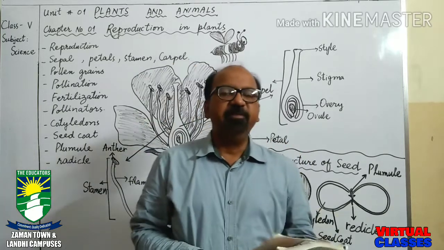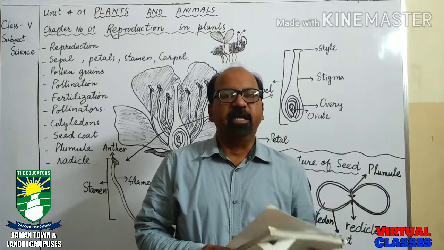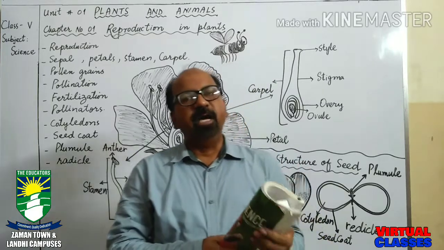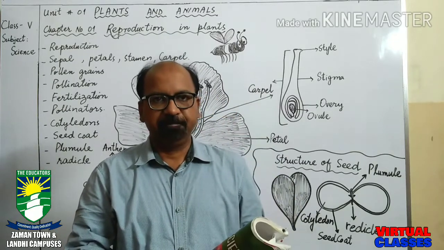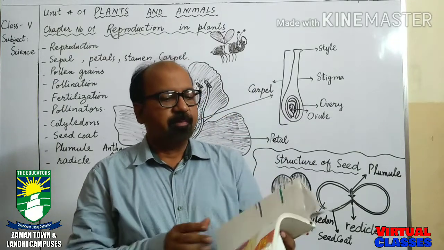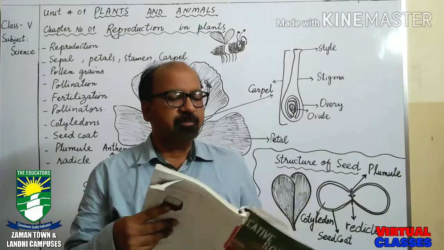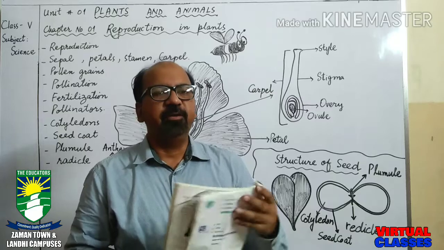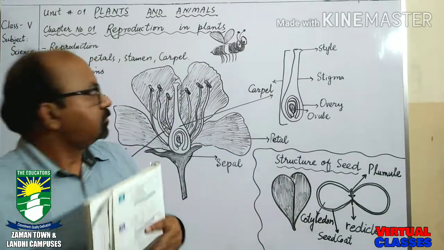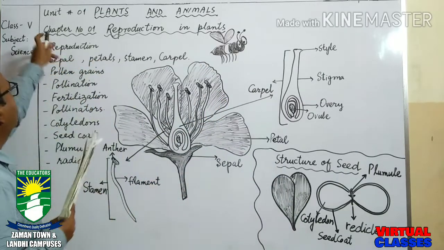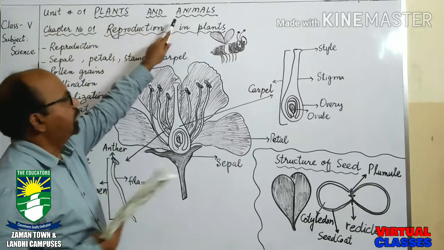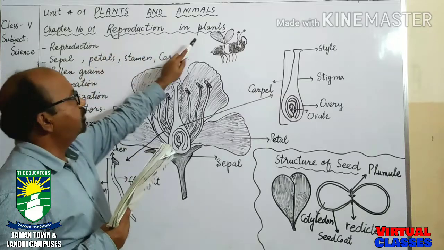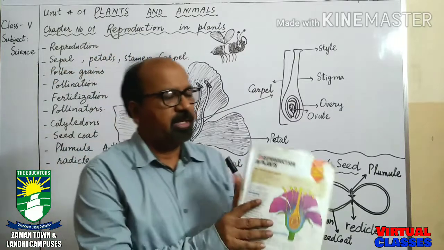So the living things are of two types: plants and animals. We are going to study about the plants today, and the chapter which we are going to start is Unit 1, Plants and Animal, Chapter number 1, Reproduction in Plants.